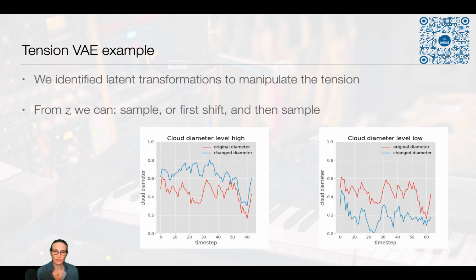So the idea is that we can use this seed music that we generated and transform the tension by these transformations in the latent space. So one thing we could do is we can make the tension metric, increase the tension in the piece.